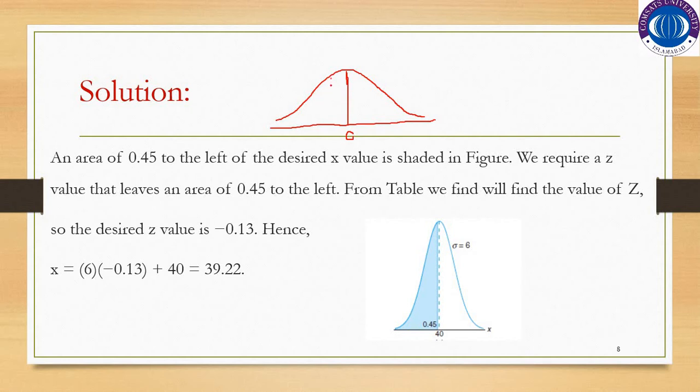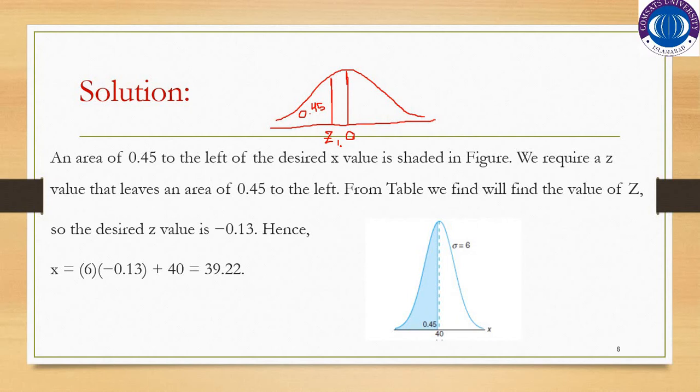So let's say somewhere here is the point below which is 0.45 probability, and let's say this point or value of the random variable is Z1, and we have to find out this value Z1.